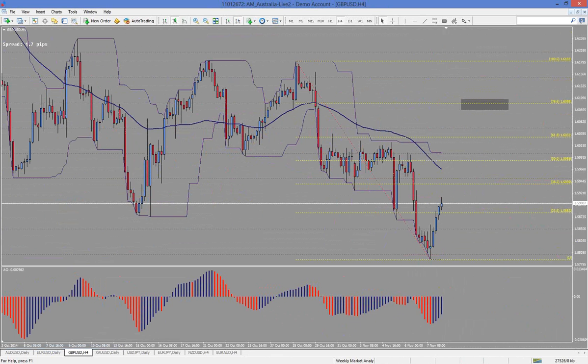Anybody else? Greg says a 0.5. Alan says a 1.6, sell at 161. Anybody else? Okay. Yep.